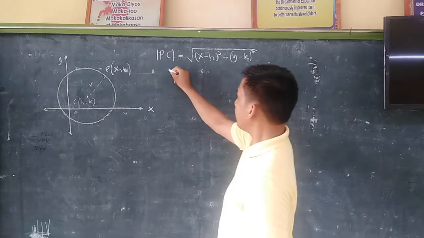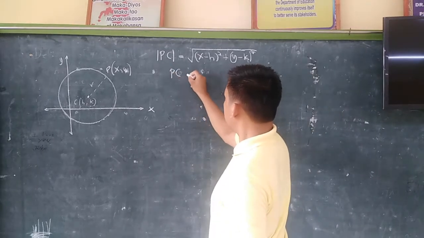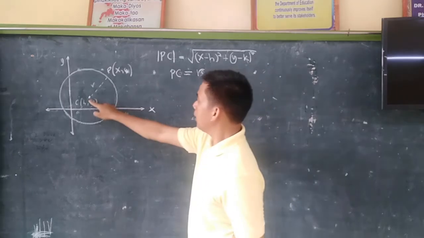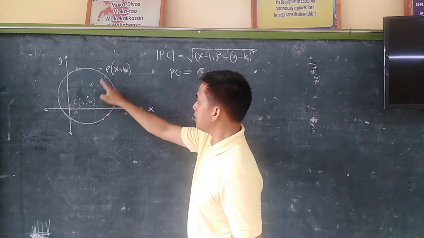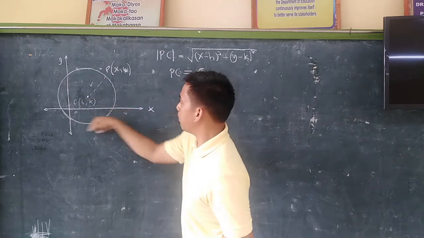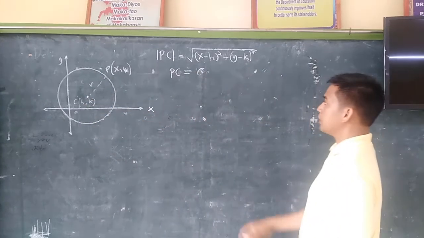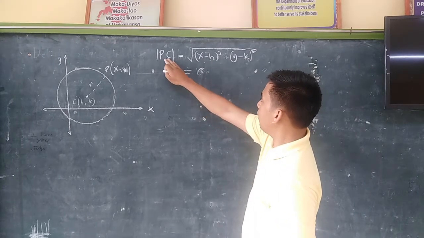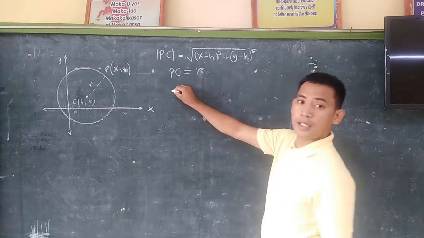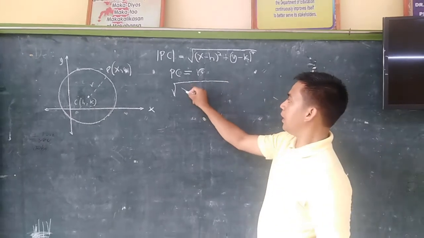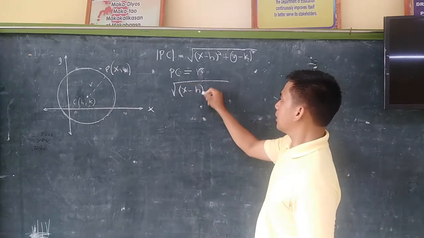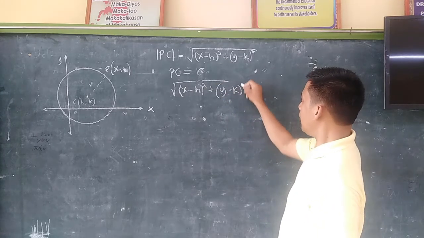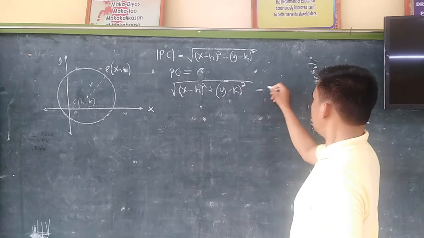So remember nga ato ang PC is just equivalent sa ato ang radius. Kaya ato ang PC, usama po na sila sa line segment gikan sa center padulong sa any point sa ato ang circle. So sa ato pa di ay PC, kung ato ning i-substitute diri, we can have the square root of x minus h squared plus y minus k squared equal to r.